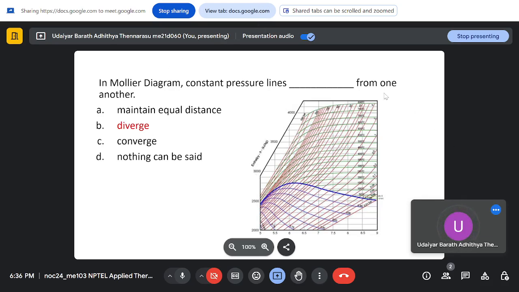This is how a Mollier diagram looks. You have enthalpy on the y-axis and entropy on the x-axis, and the green lines you see are constant temperature lines, and these red lines are constant pressure lines, and this blue line is your constant vapor fraction line.